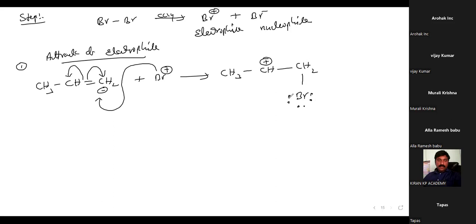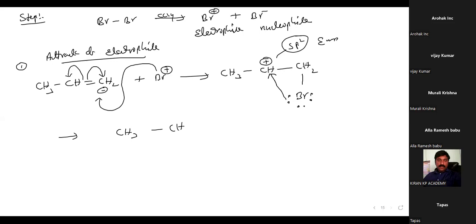Now, you already know that a carbocation is sp2 hybridized. It has an empty p orbital. So this lone pair will be involved in bonding with the empty p orbital of the CH2 plus. Therefore, it forms an intermediate. We expect that carbocation is the intermediate.